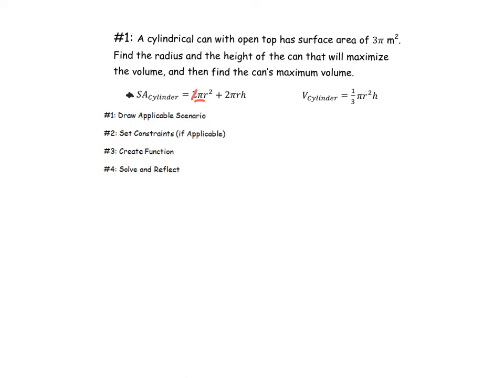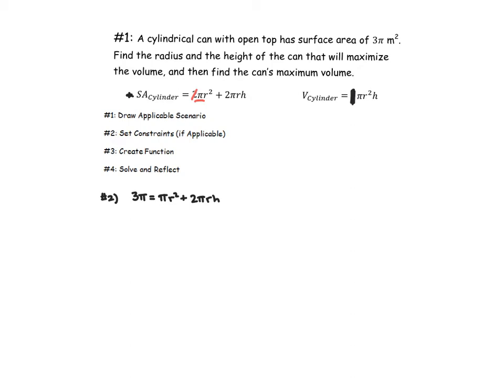Okay, and now in number 2, I'm going to look at the constraints. The first constraint is that I'm working with a surface area of 3 pi. So 3 pi is equal to pi r squared plus 2 pi rh. Now notice that I'm working with 2 variables. And the other formula that I want to work with, and I've got a misstep here on my formula, is I just want pi r squared times h.